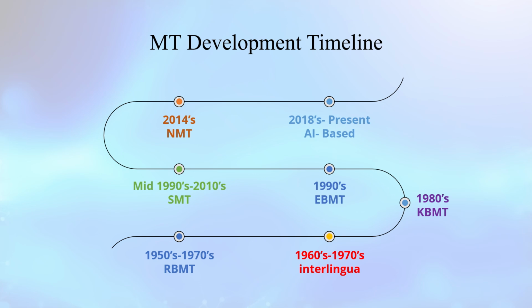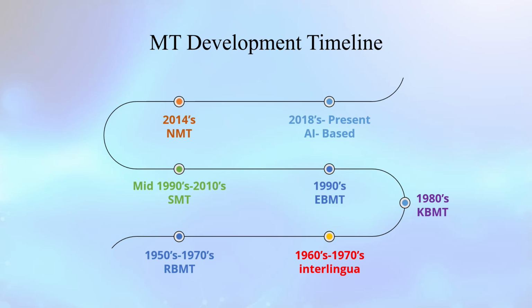The 1980s saw the rise of knowledge-based machine translation, and it was quickly replaced by the example-based machine translation approach in the 1990s. Example-based machine translation is a corpus-based machine translation, which was based on reusing previous translations.